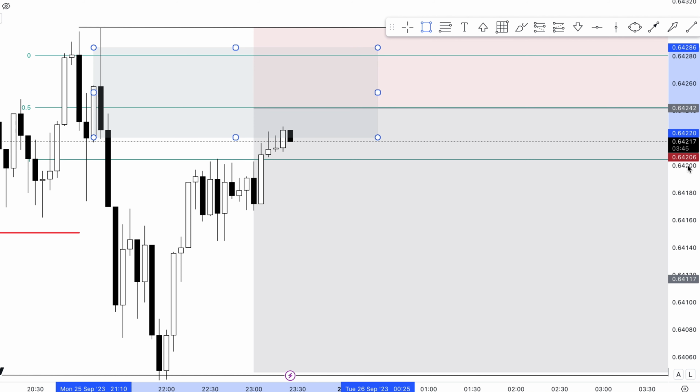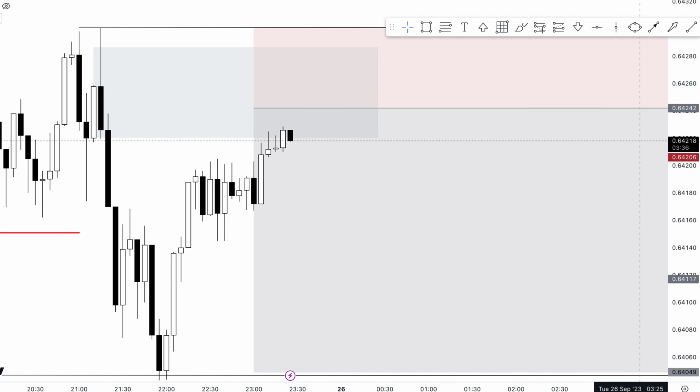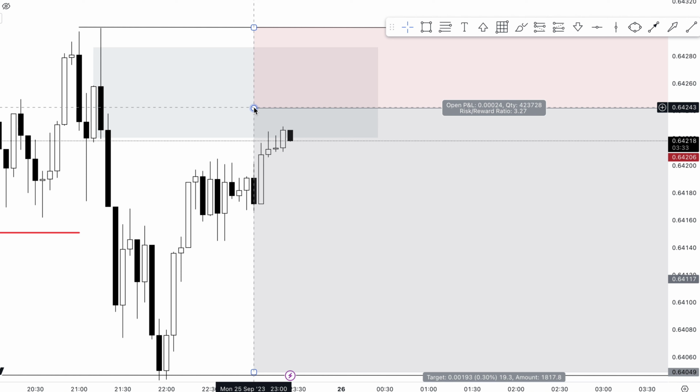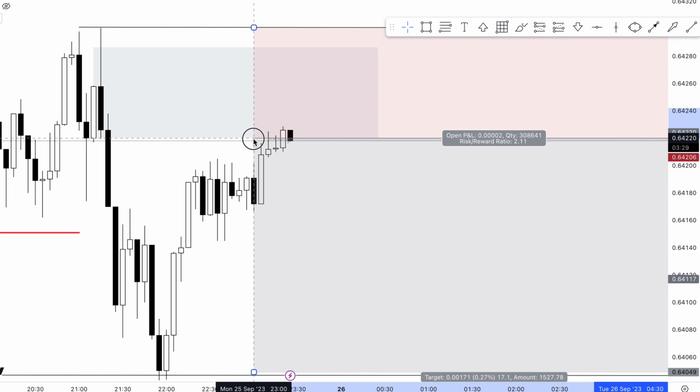So now that we found a fair value gap on the smaller part of the range, on a lower time frame, we can actually go and enter here early, which I already did. And the reason why I didn't do this earlier is because I'm just really intuitive with this.